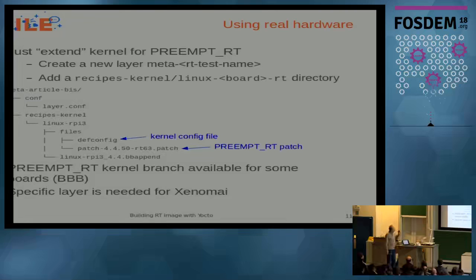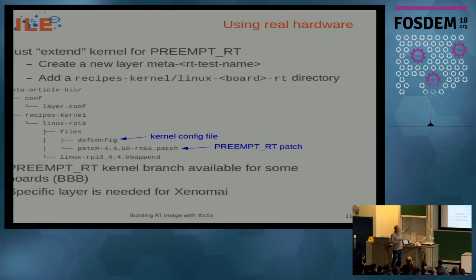But it's much more complicated for Xenomai because you have the two parts of Xenomai, so we have to develop a specific layer. Just one word about meta-raspberrypi: there is a Linux kernel recipe in meta-raspberrypi, but it's not really compatible with the extension, so you have problems if you want to apply fragments or extensions.